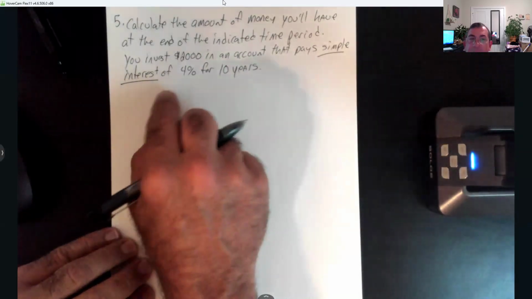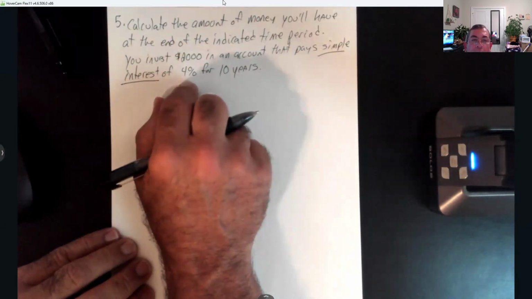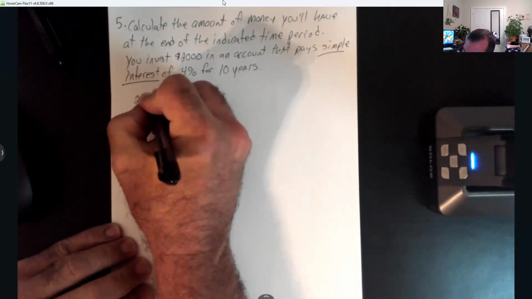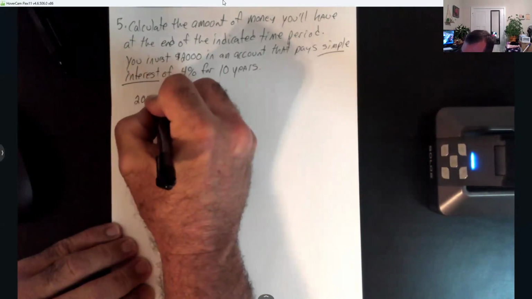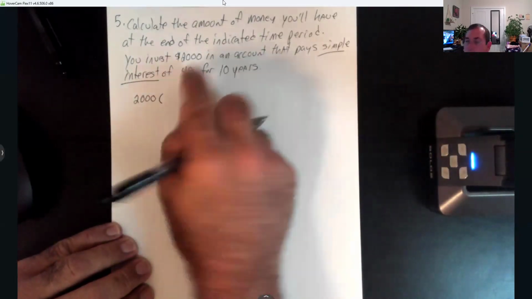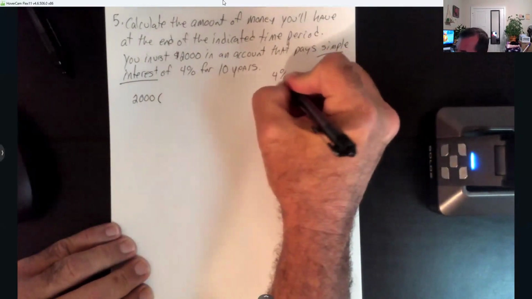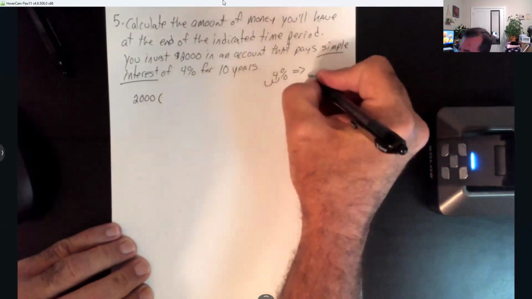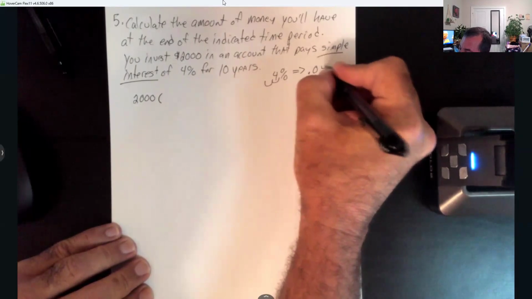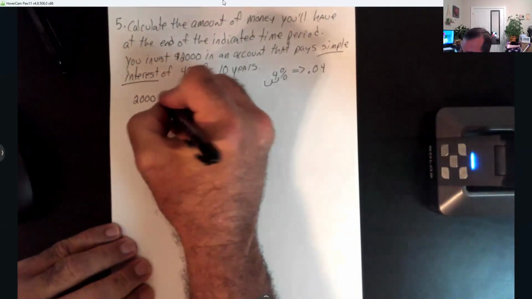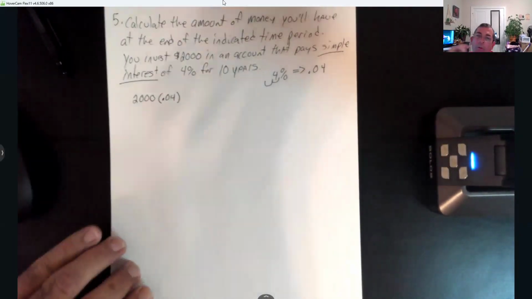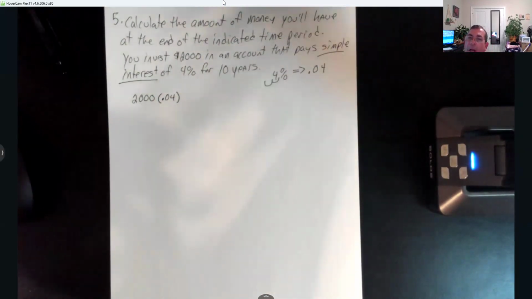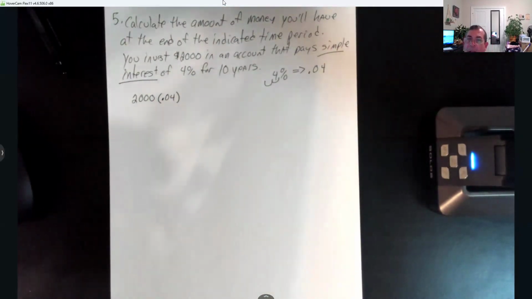So remember, simple interest, I can figure out what 4% of 2,000 is. So I'm starting with $2,000. So 4%, remember, you'll move that decimal left twice. So that'll give us a 0.04. And y'all, I want y'all to notice the difference between simple interest and the compounded interest, okay?